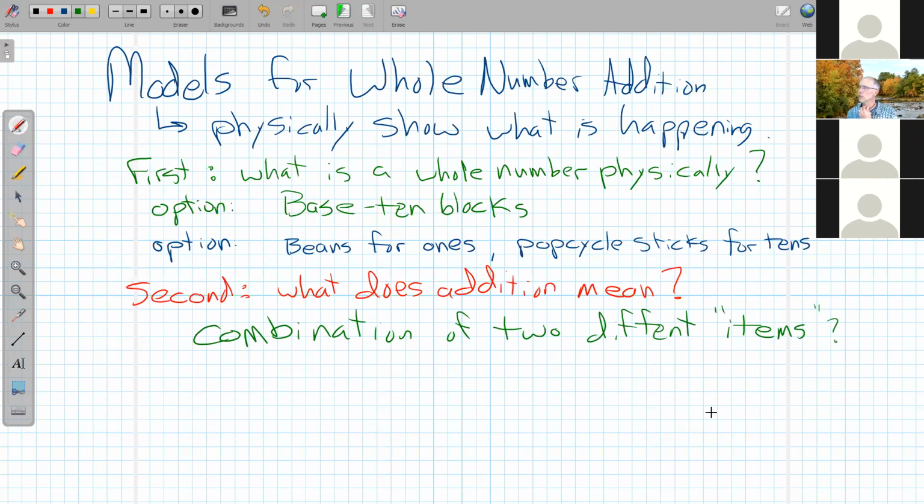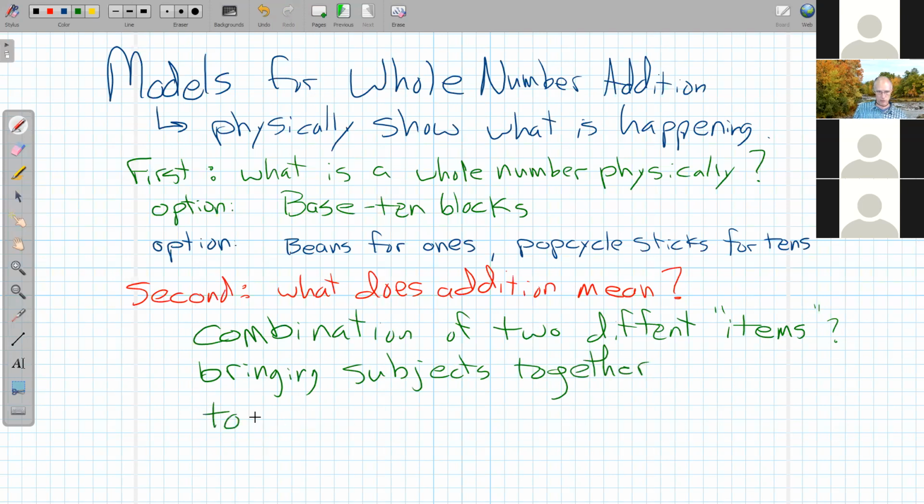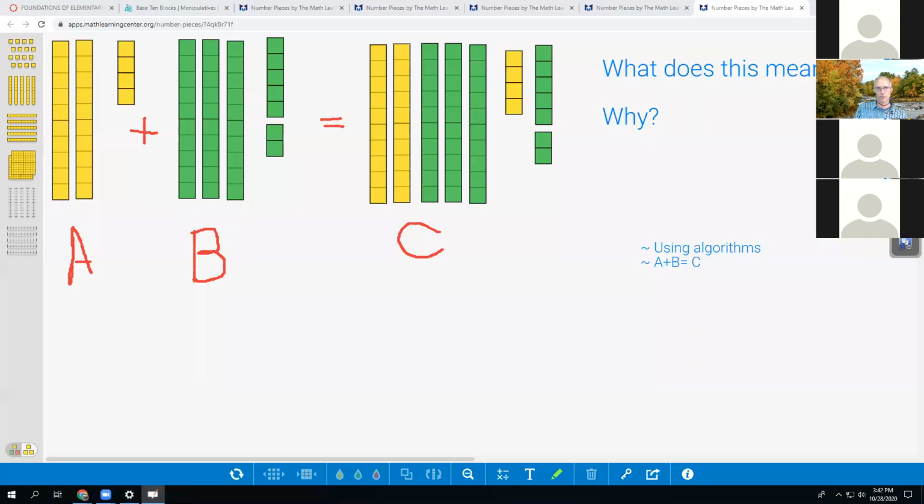Oh, I got some things here. Okay, bringing subjects together, Avali writes, and Amanda writes to put together. Okay, so bringing subjects together. And then to put together, so that's very similar. Okay, yeah, so thinking about that picture we had earlier, this right here, get the pen back, come on.